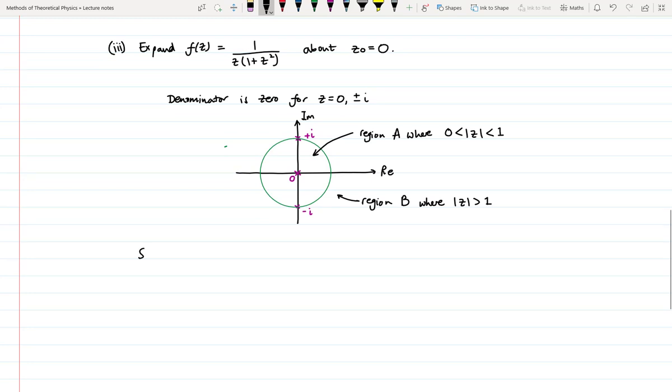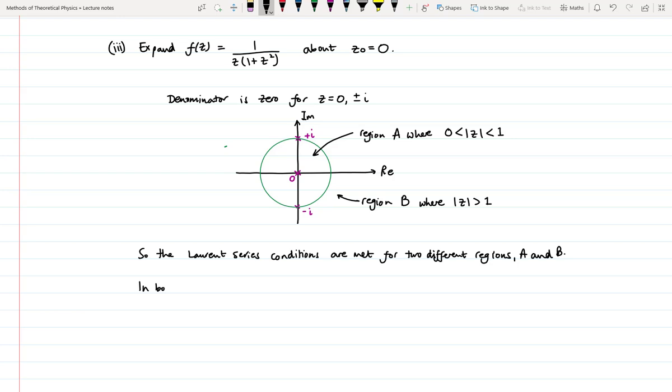We note that the Laurent series conditions, and by that I mean our condition of an annulus of analyticity, are met for two different regions, which I've labelled A and B above.